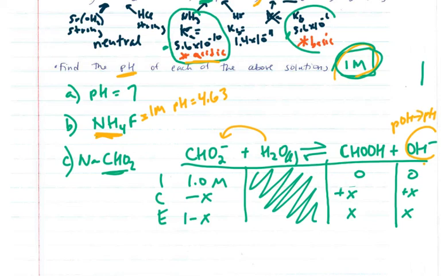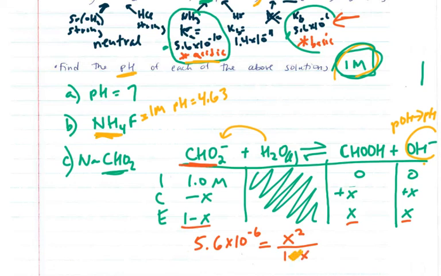Okay, so the Kb for this reaction, the equilibrium constant, is 5.6 times 10 to the negative 6. I just got that from up here. We found it on the table earlier. And that is the Kb for this ion, which is basic. And the equilibrium expression is x times x, x squared, divided by 1 minus x.